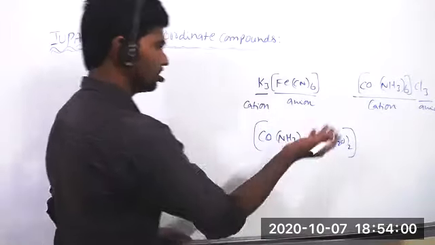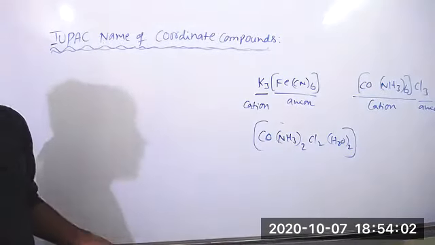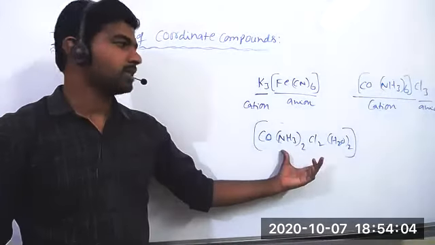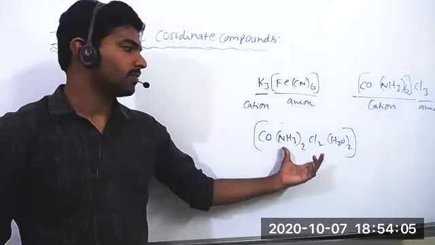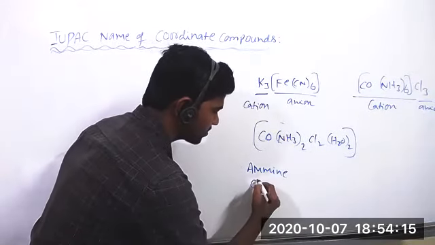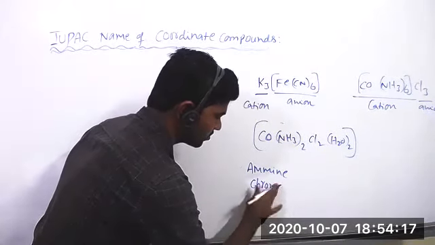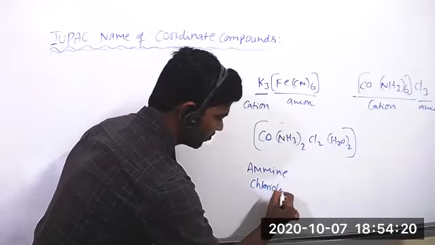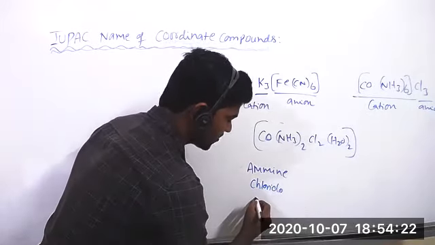In the complex, whether cationic or anionic, while writing the name we first write the ligands. For the ligand names, we follow alphabetical order. Which one comes first? The name for ammonia is amine, for chlorine it is chlorido, and for water it is aqua.